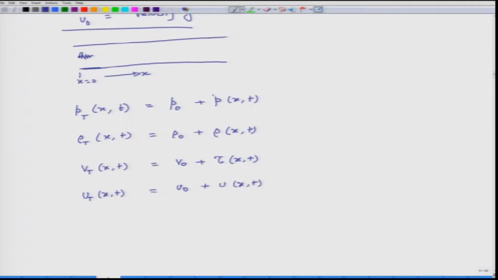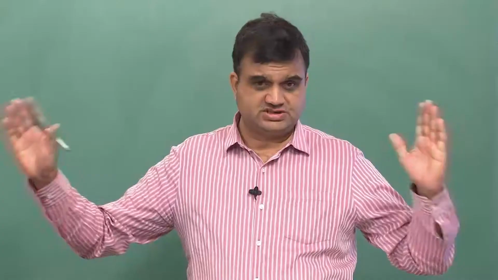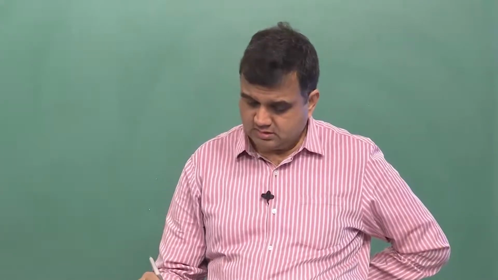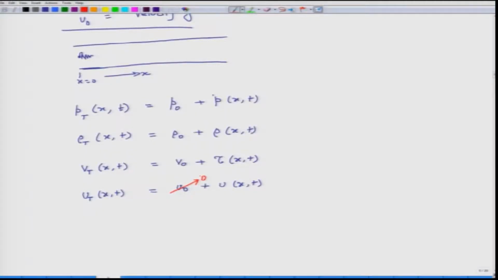Now, we can assume that initially the air was not having any velocity, it was just sitting. If that is the case, then u naught goes to 0. So, u T is the same as lowercase u(x, t).